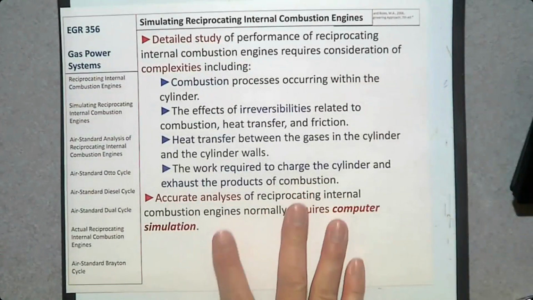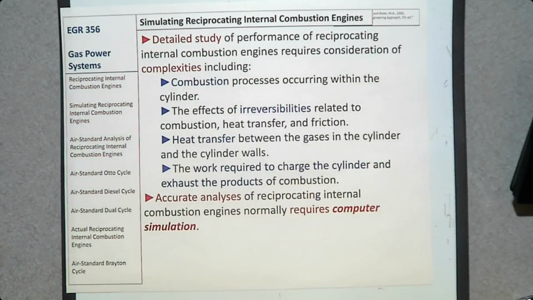The detailed study of the performance of reciprocating internal combustion engines requires consideration of complexities, including these. What that means is, in reality, it's going to be very complicated. So you cannot analyze an internal combustion engine by hand.